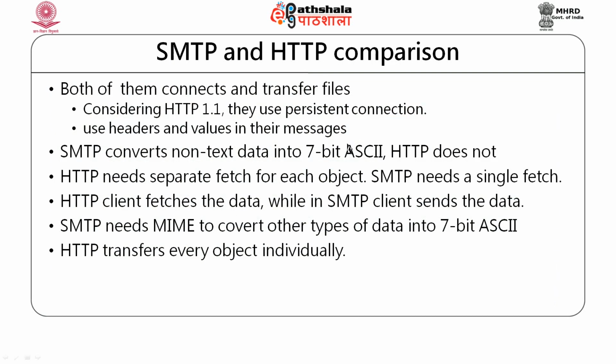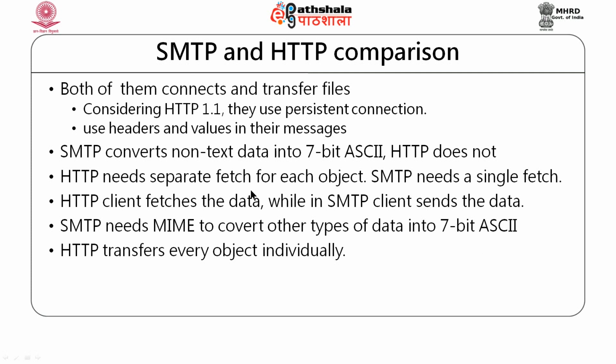Now, let us try to see the comparison between SMTP and HTTP. Both of them connect and transfer files. HTTP 1.1 used persistent connection. So, there is a client, there is a server, then the transfer of files. The other difference is that sender and receiver establish a connection and send information.